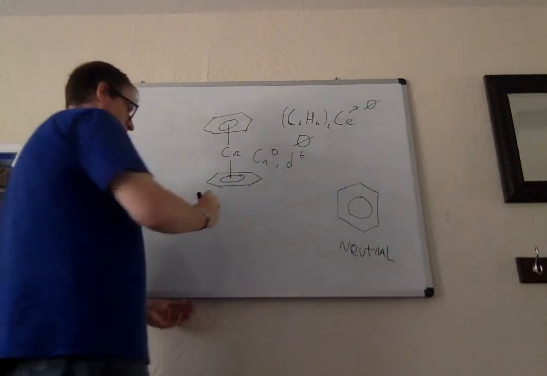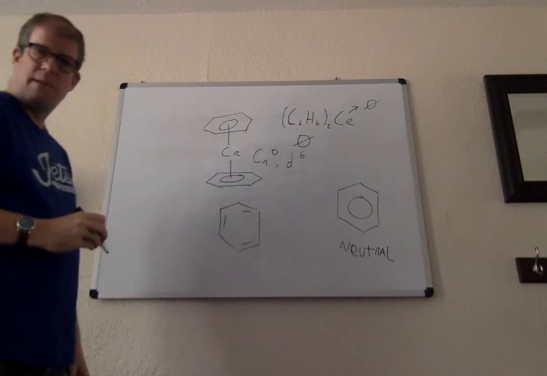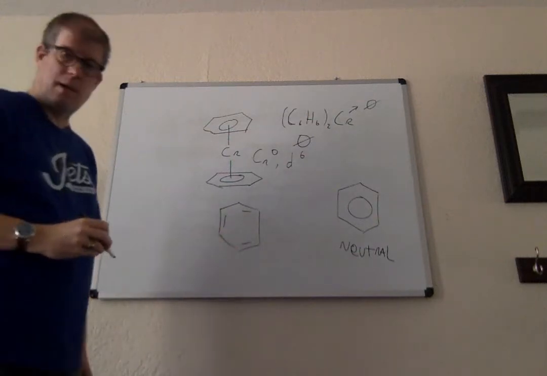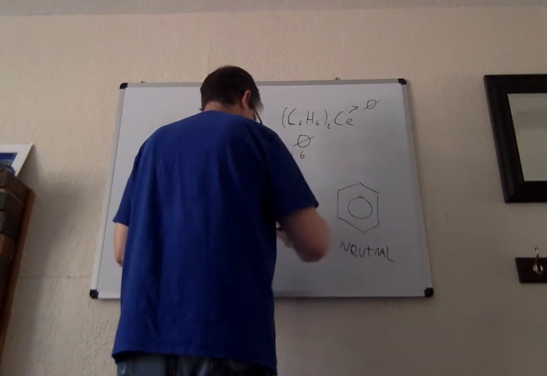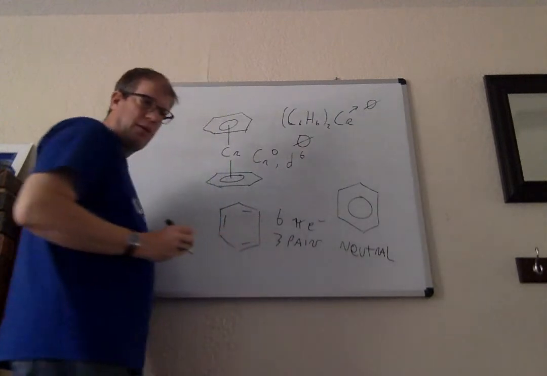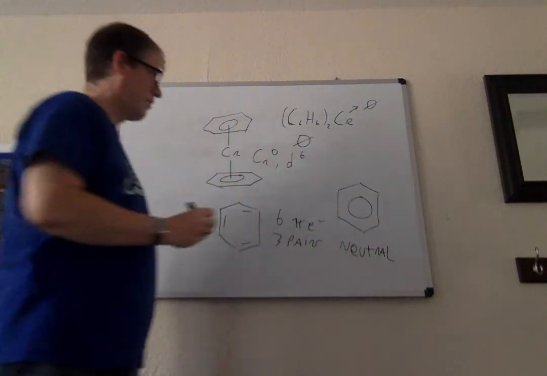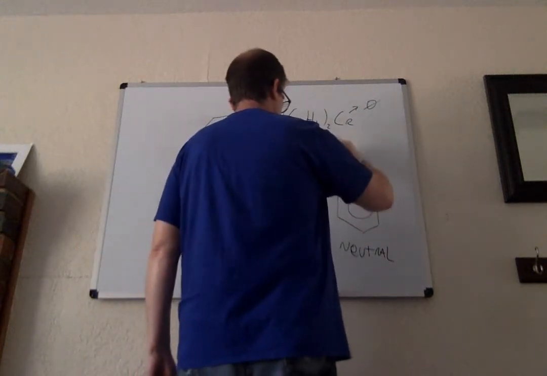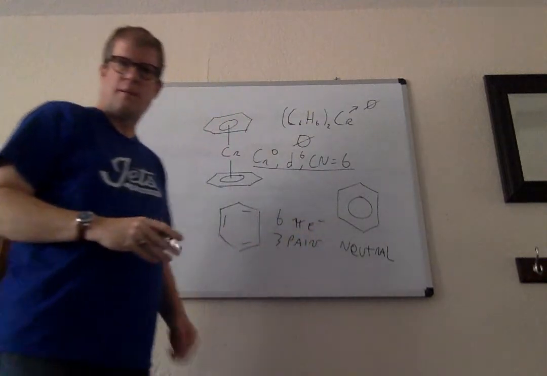Well, going back again to the more elaborate structure of benzene, we have 6 pi electrons. That breaks down to 3 pairs. Therefore, the coordination number of this is also 6.